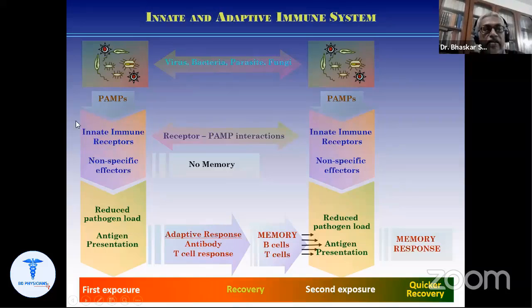They are recognized by innate immune receptors, and they lead to the production of non-specific effectors, which reduce the pathogen load. And also these antigen-presenting cells, which have intracellular pathogens or can engulf extracellular pathogens or their released antigens, can present that antigen to the T cell compartment.